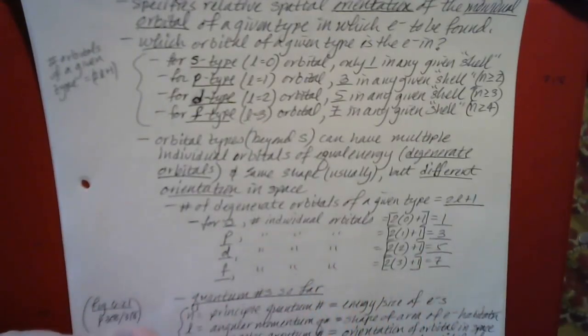Okay, so in essence, if you've got 1 electron in the p orbitals in a given energy level, it doesn't really matter which one it's in, because they're all the same energy.